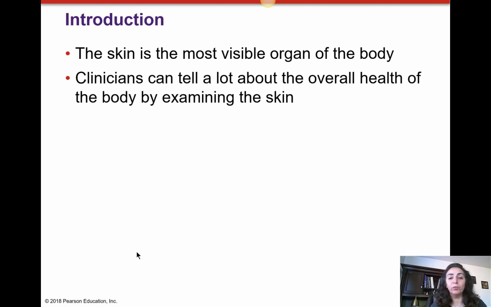For example, the color of the skin. If the skin is very pale, we can tell that not much blood is coming to the skin. It might be that the blood pressure is so low that the body is contracting the blood vessels of the skin so that blood goes to the more vital organs of the body, like the brain and heart.